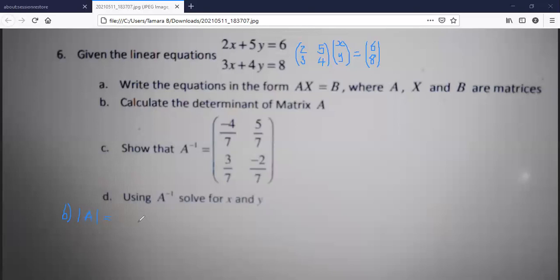So here is how we find it. You have to multiply diagonally and then subtract. So you're going to multiply 2 times 4. So it's 2 times 4, minus, and here's the other diagonal, 5 times 3.